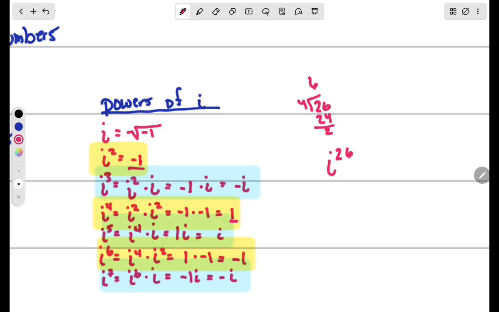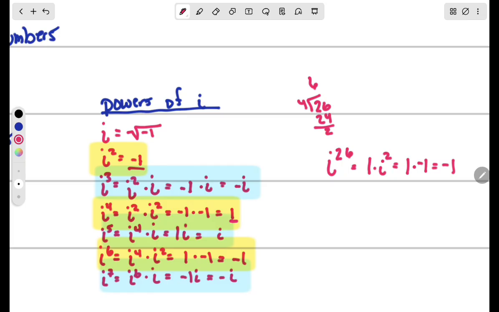Because we have multiples of 4, we would get a positive 1, and because we have i squared left over, we get 1 times negative 1, which is negative 1.